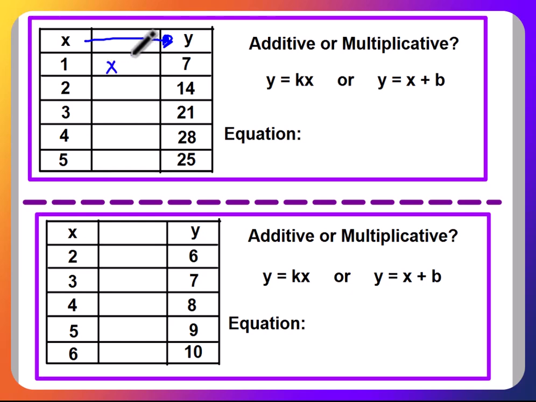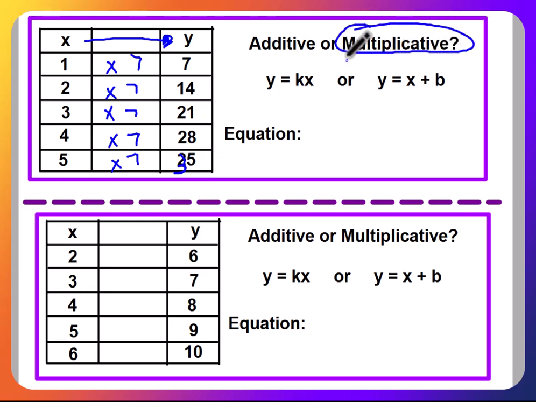Sure. So far it looks like we're going to be multiplying by 7. 3 times 7, does that give me 21? It sure does. 4 times 7, does that give me 28? Yes. The last one, it should be a 35. It's a typo. It should be a 35, not a 25. But 5 times 7 does give us 35. So it is a multiplicative relationship.